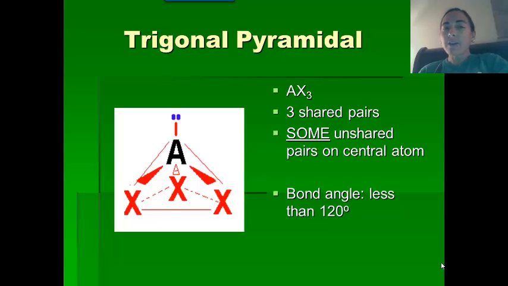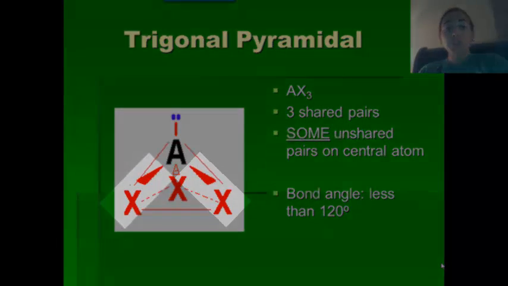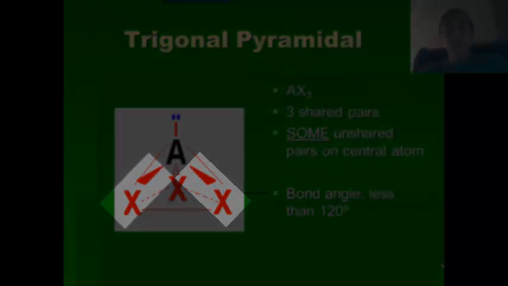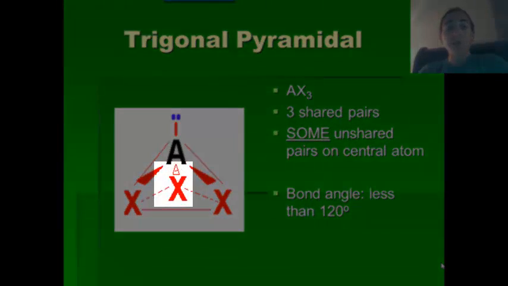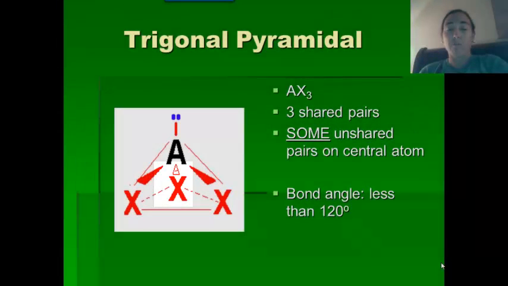Now this diagram is a little more complicated, but basically what you're looking at is a 3-dimensional structure. The 2 red triangles represent single bonds that are coming out of the screen towards you, and the white triangle represents a single bond going back into the screen away from you. So Trigonal Pyramidal does have a central atom with 3 attachments, but there are unshared pairs.